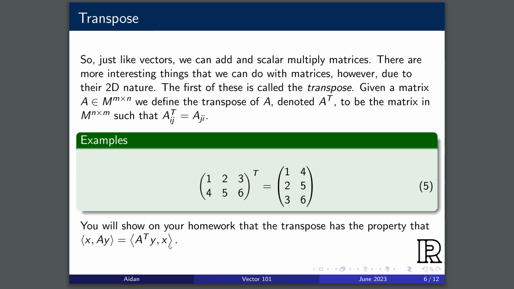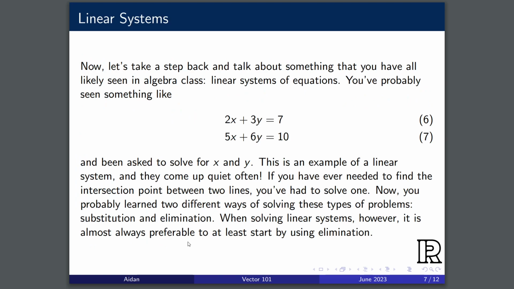Okay, so now we're going to move on to talking about something that you all should have seen in your algebra classes, and that's systems of linear equations. So linear systems of equations, or systems of linear equations, either one works, are systems of equations, meaning there's more than one equation, that look something like this, right?